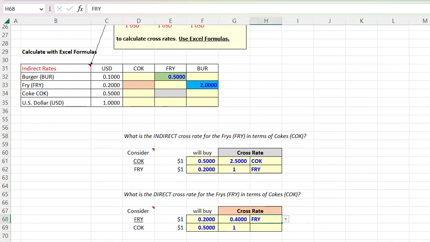And again, that's 0.4 fries per Coke. We could also have found the direct cross rate by simply taking the inverse of the indirect rate. That is, we can simply take 1 divided by the indirect cross rate.